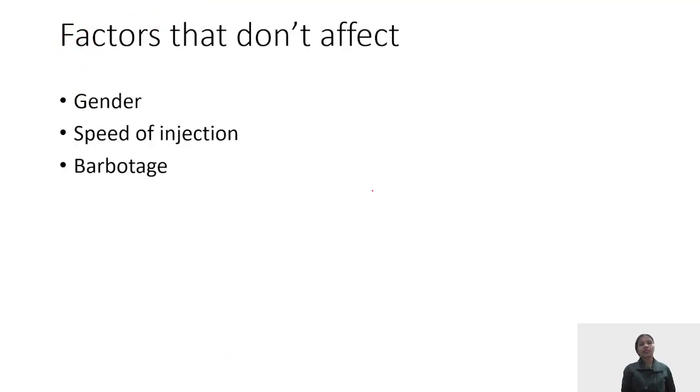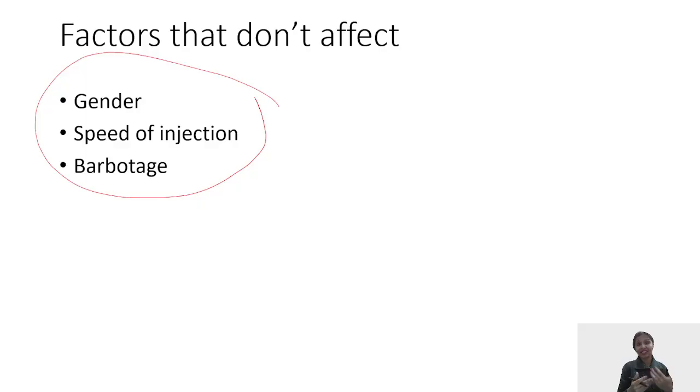Now, three factors which do not affect the drug spread are important: gender, barbotage. Barbotage, if you have seen in the OTs, is what we do when we are giving the spinal anesthesia: we check the flow of the CSF which is coming back. When we are checking the flow of the CSF, it is not going to affect anything.